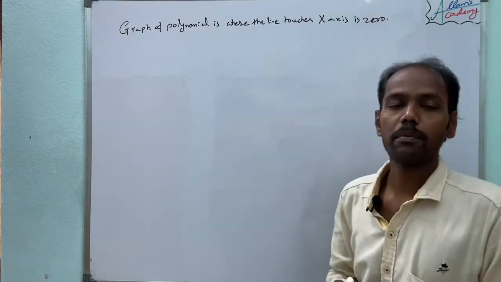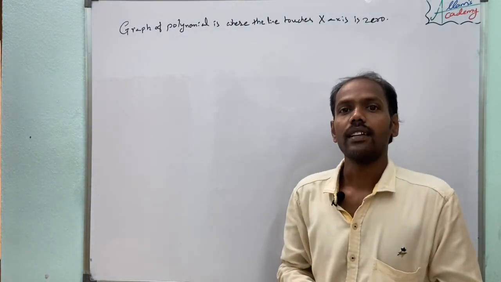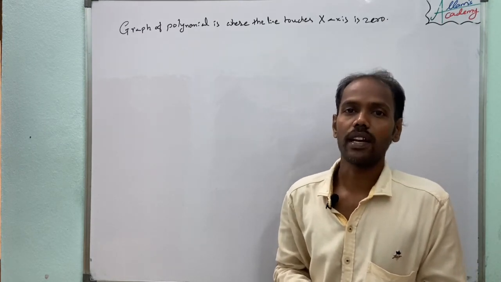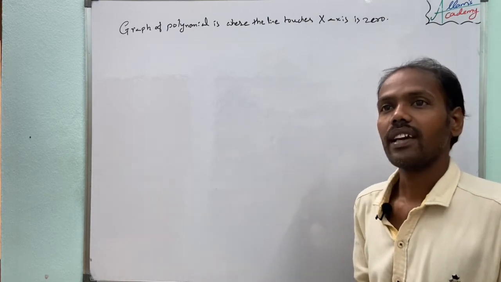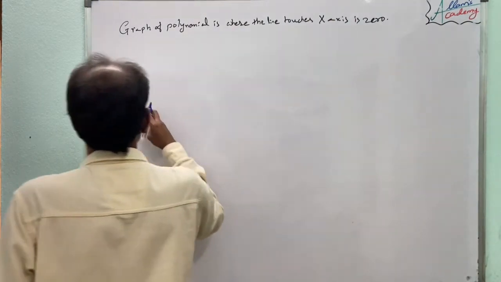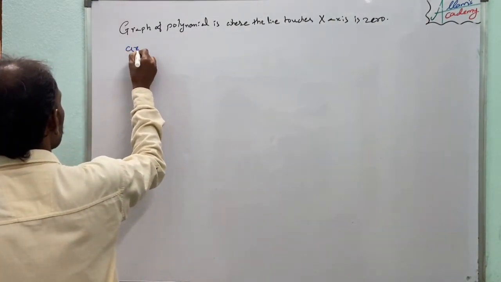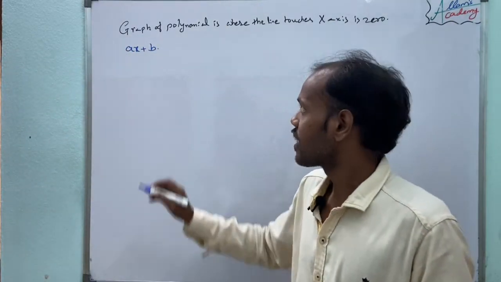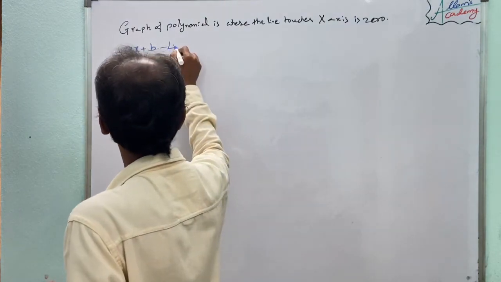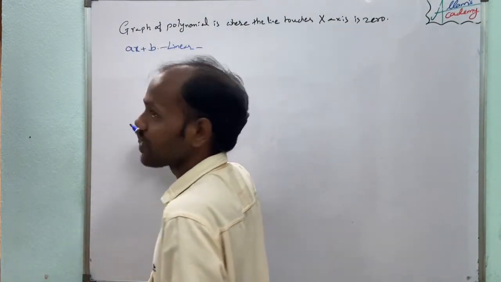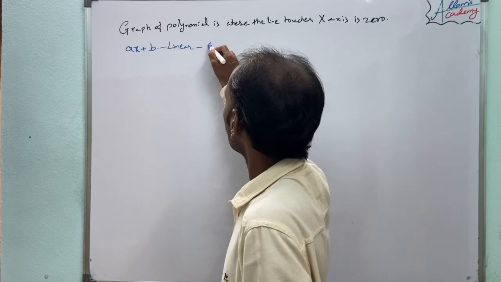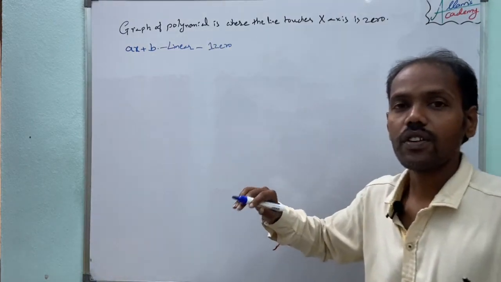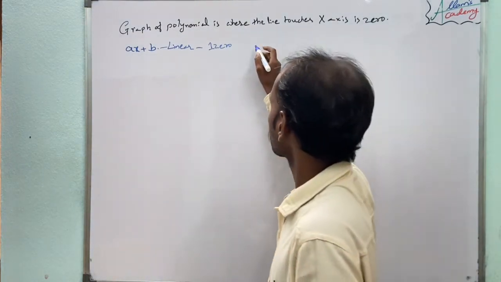And how many points does it touch? Those points are the zeros of the polynomial. Okay, so for a linear polynomial ax plus b, we get only 1 zero. And at which place does the zero come?